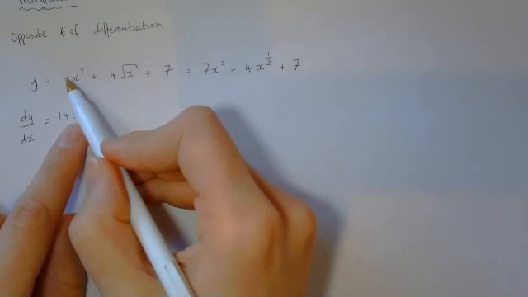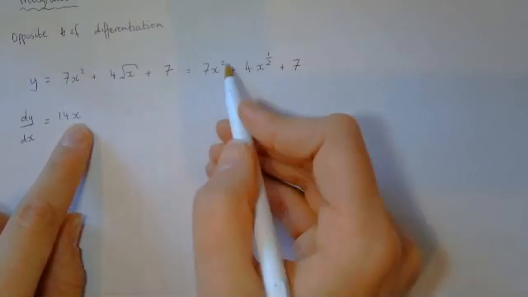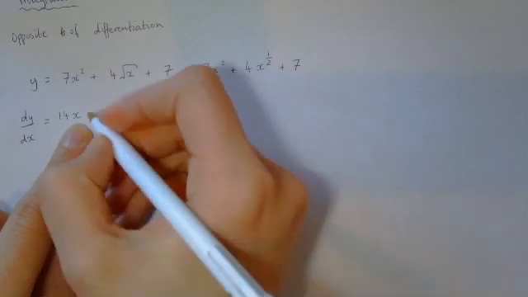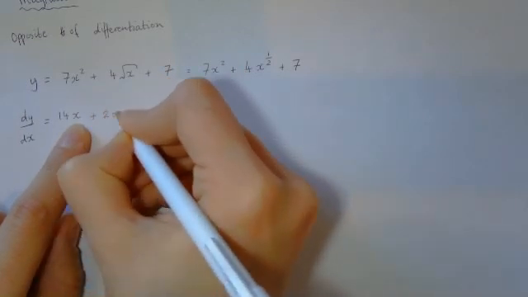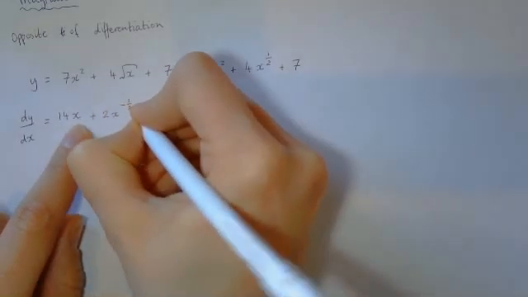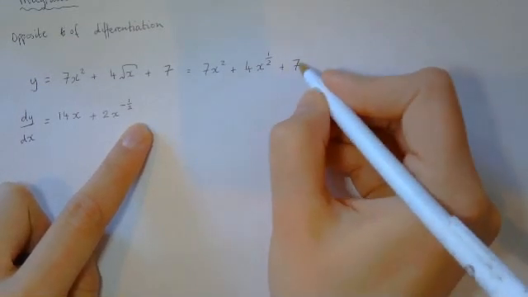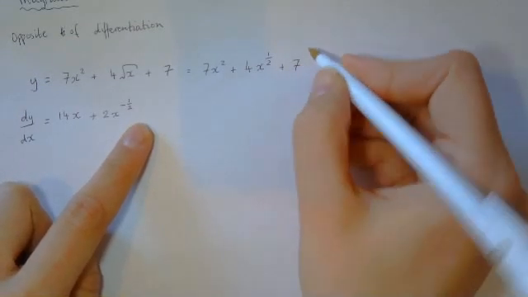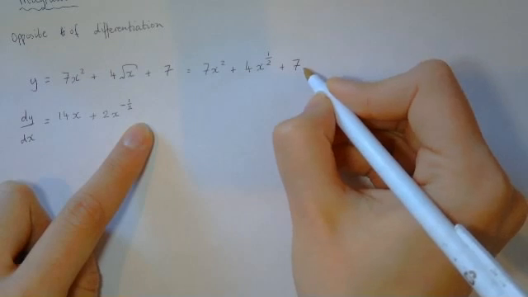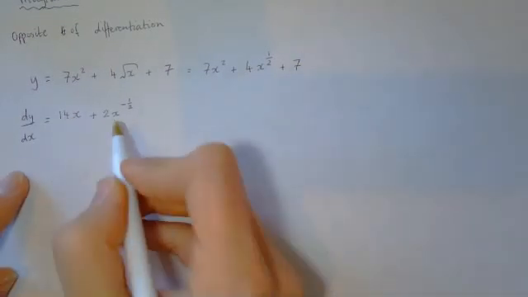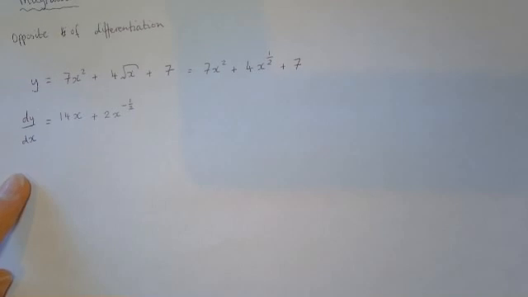So I've differentiated this bit, done the 2 times 7 and decreased the power. Now I'm differentiating this bit. So I do 4 times a half, and then I decrease the power. So I was on a half, so I take away 1, now I'm on minus a half. And then when I differentiate the 7, it just goes. You can imagine at the minute I've got an x to the power 0, so when I times by 0, that goes. So that's what I get when I differentiate.